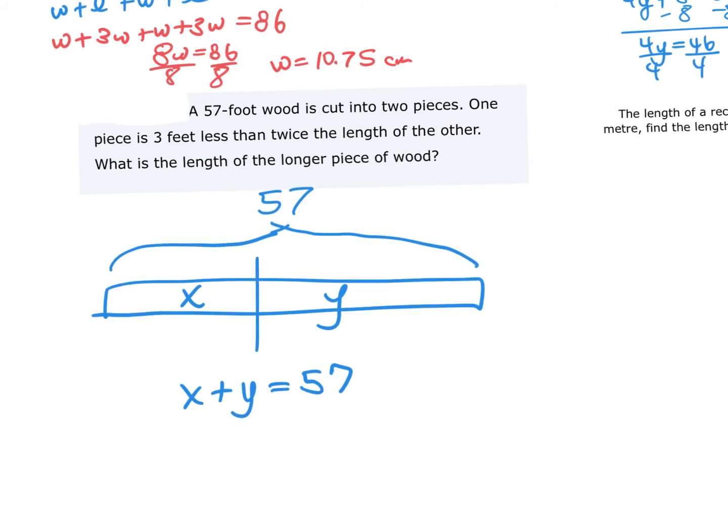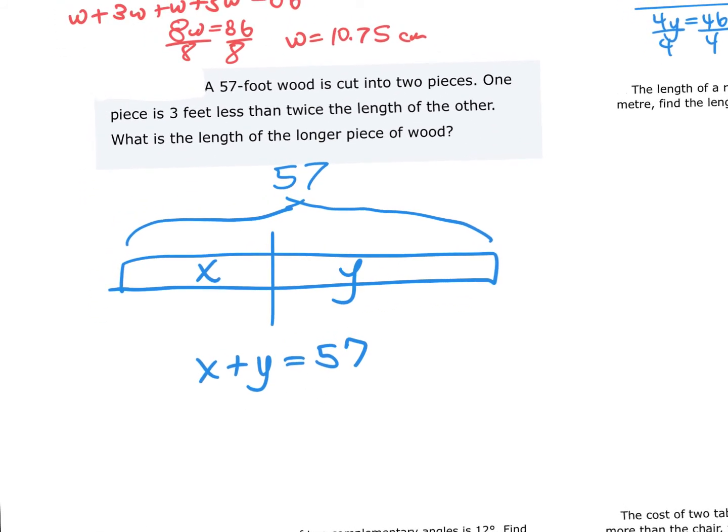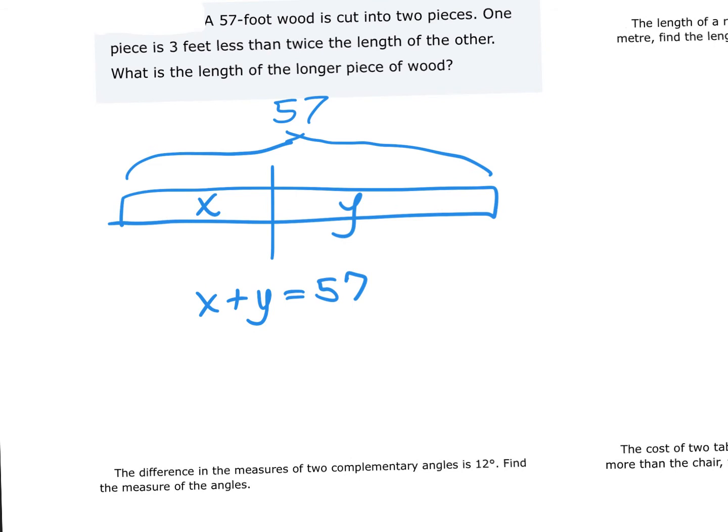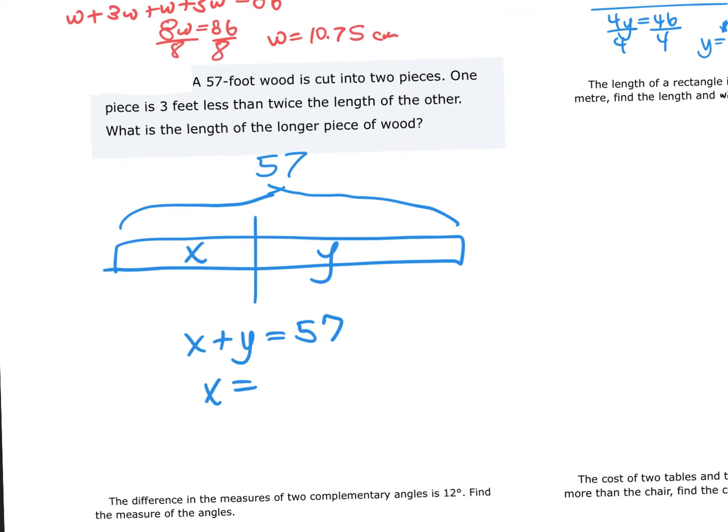Now the second piece of information says one piece, what? Wait, stop. One piece is. What does that mean? Equals. So does it matter which piece you guys are using? No, I'm just going to say X. What does the word is mean? Equals. Let's read the rest of it. 3 feet less than, what does that mean?